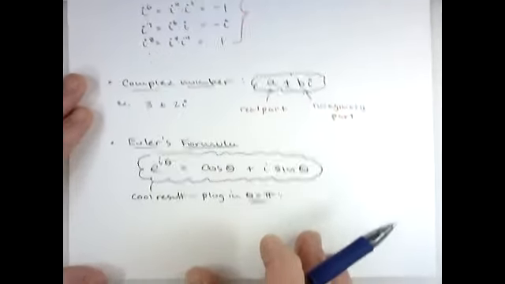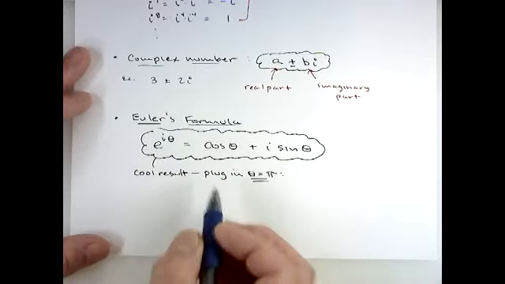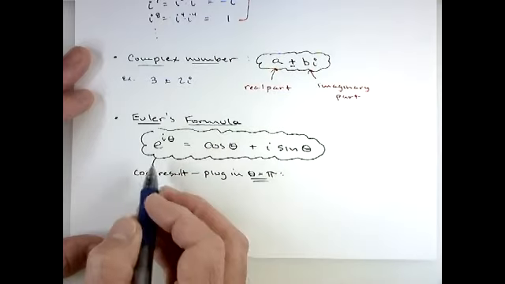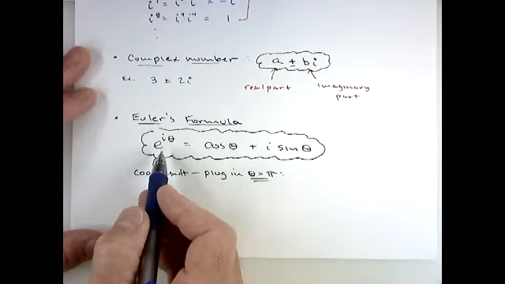Finally, this is something you may or may not have seen. Sometimes in a pre-calc class when you're reviewing trig, they talk about Euler's formula, and it's kind of an intriguing formula.